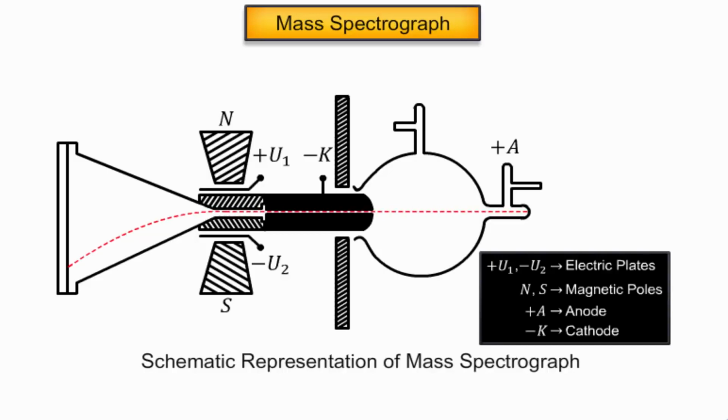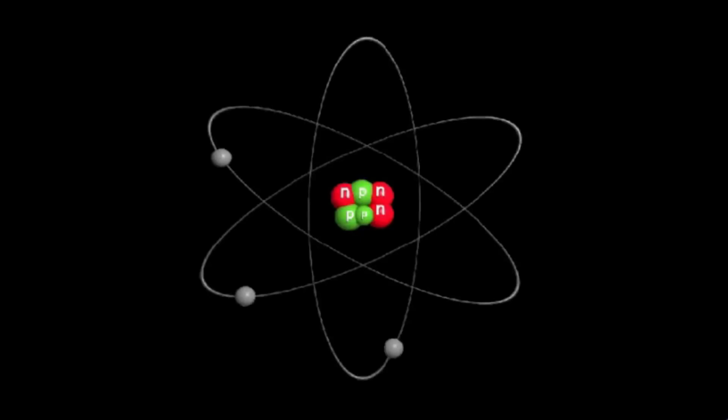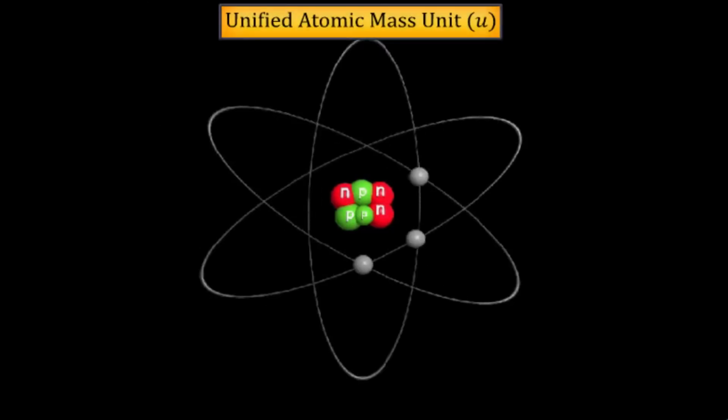The usage of the unit kilogram is not convenient for measuring the masses of particles like atoms or molecules. Hence, a convenient unit called Unified Atomic Mass Unit, referred to as AMU in short, was established.